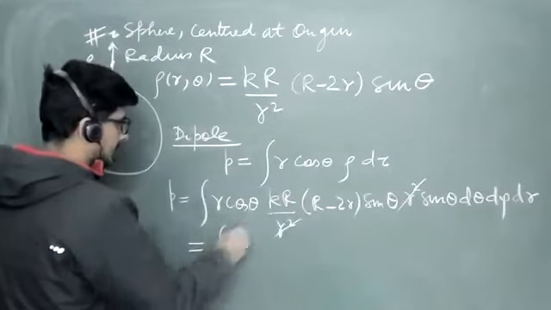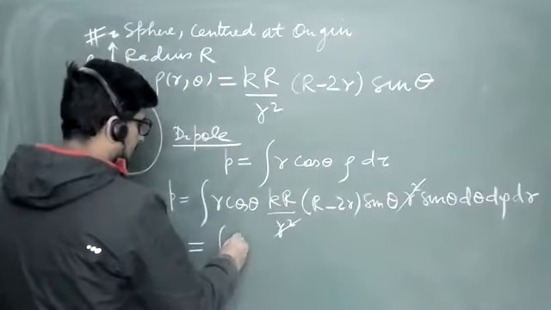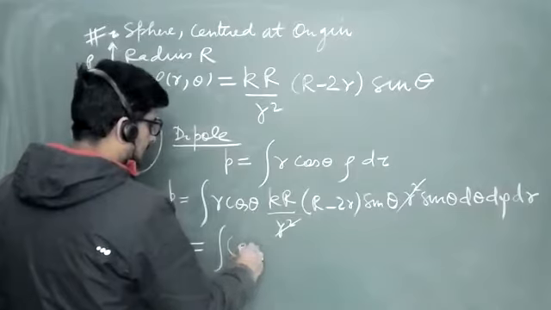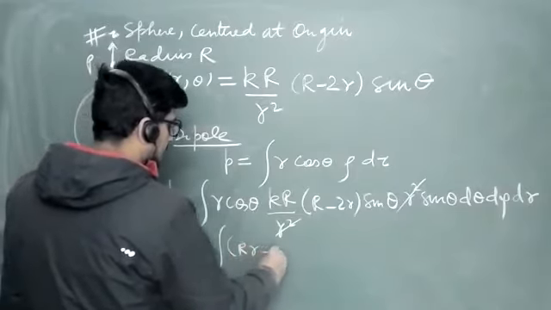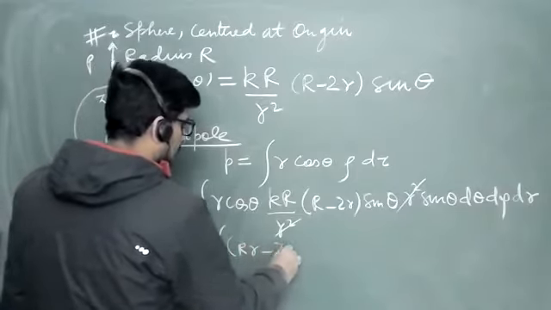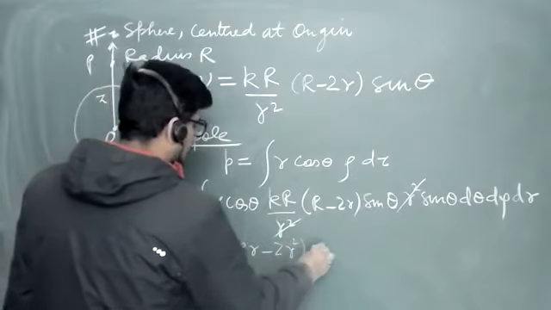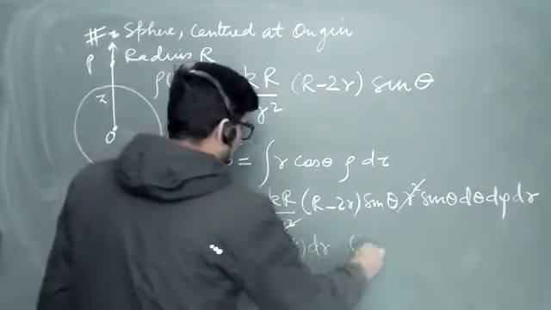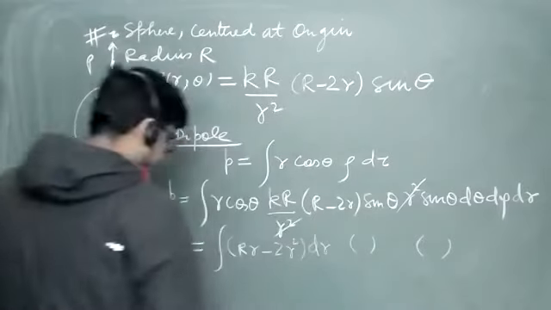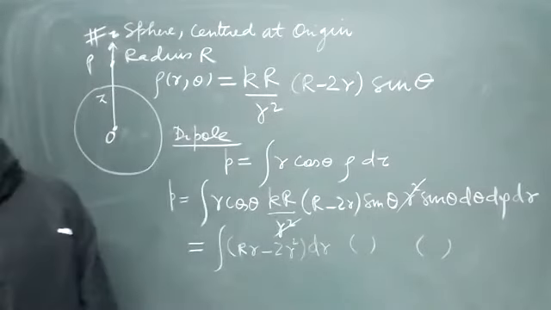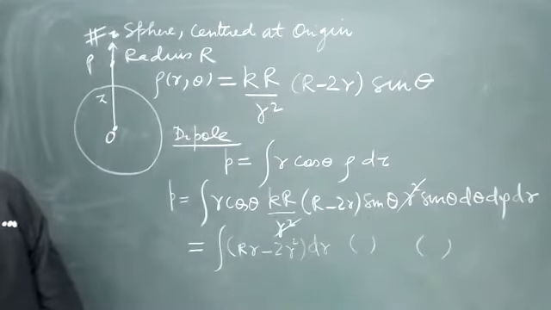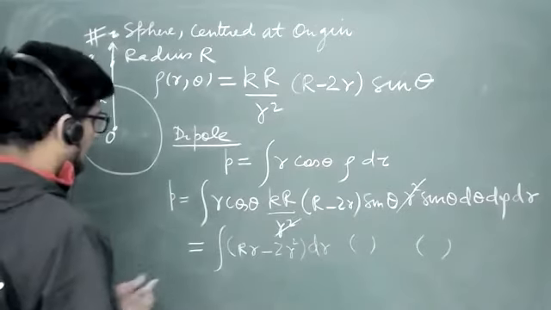So again, what is going to change is the integral. What will this become? It will become the integral of R r minus 2 r square, and dr, and this term and this term. So what will this become?